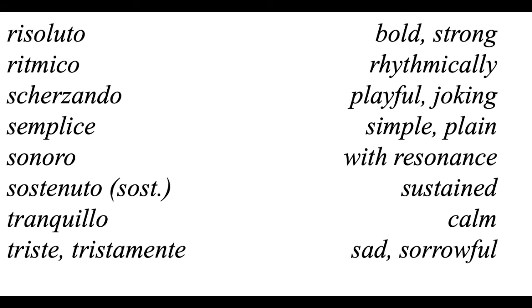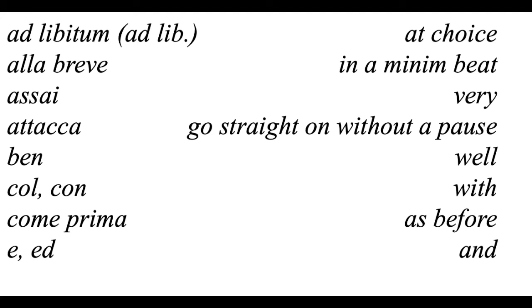And now a very few final Italian words. Ad libitum, at choice. Alla breve, with a minim beat rather than a crotchet or quaver beat. Assai, very, for example, allegro assai, very brisk. Attacca, go straight on to the next part of the music without a break.